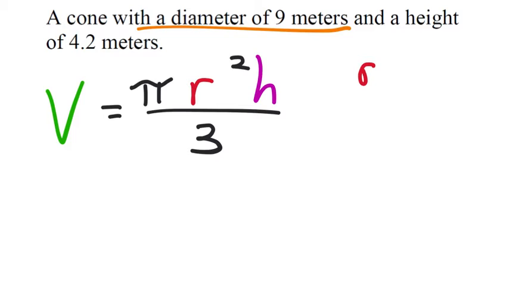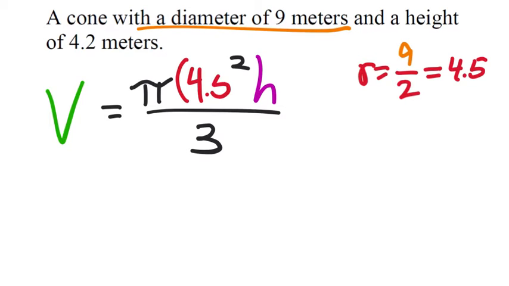We can find the radius simply by taking the diameter, 9, and dividing it by 2. Now, I'm going to use the decimal for this. You could use the fraction because it has the same value, but that shows the radius here, 4.5. So I replace my r with 4.5. And the height is 4.2 meters, so I replace h for height with 4.2.